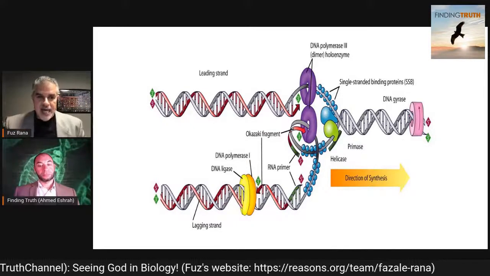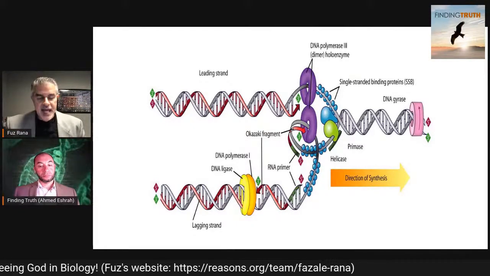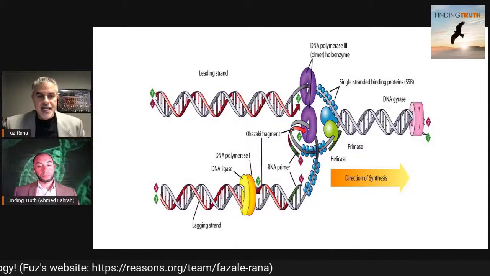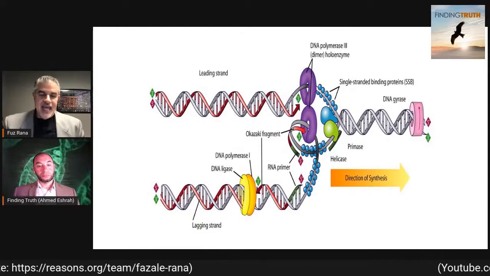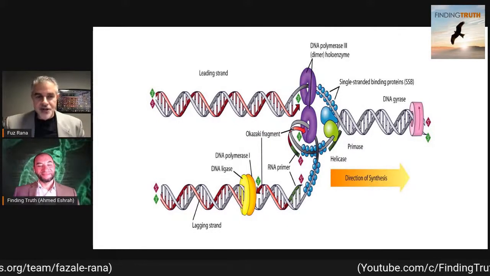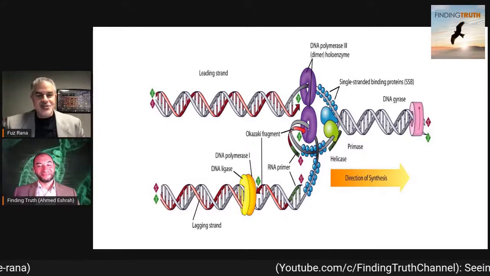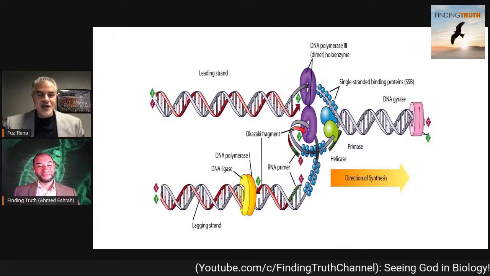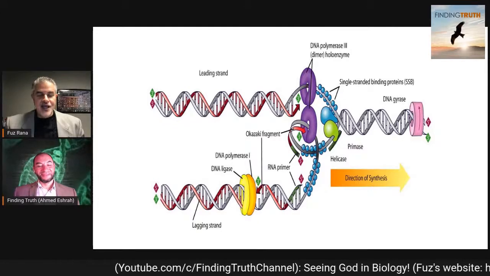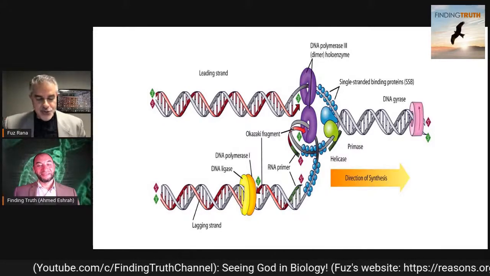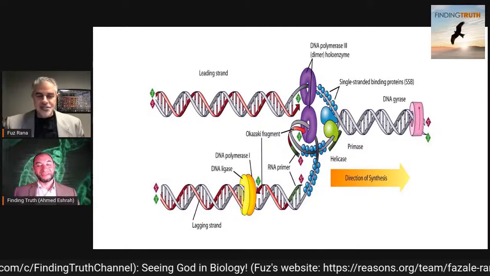Now it turns out that DNA polymerase is a finicky enzyme, and it won't get the process started unless its demands are met. It has to have what's called a free 3 prime hydroxyl group before it can start the process.